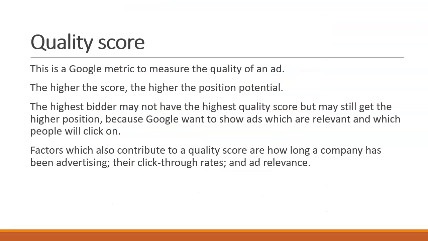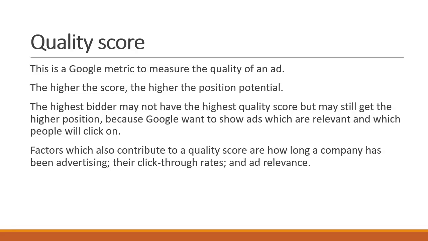Our quality score. So the higher our score, the higher our position. Okay? If we have the same bid, so we say our maximum bid is $10 and 3 other companies say their maximum bid is $10. So we're all in at this $10 level. The ad that's actually going to win at that point is the one with the highest quality score.